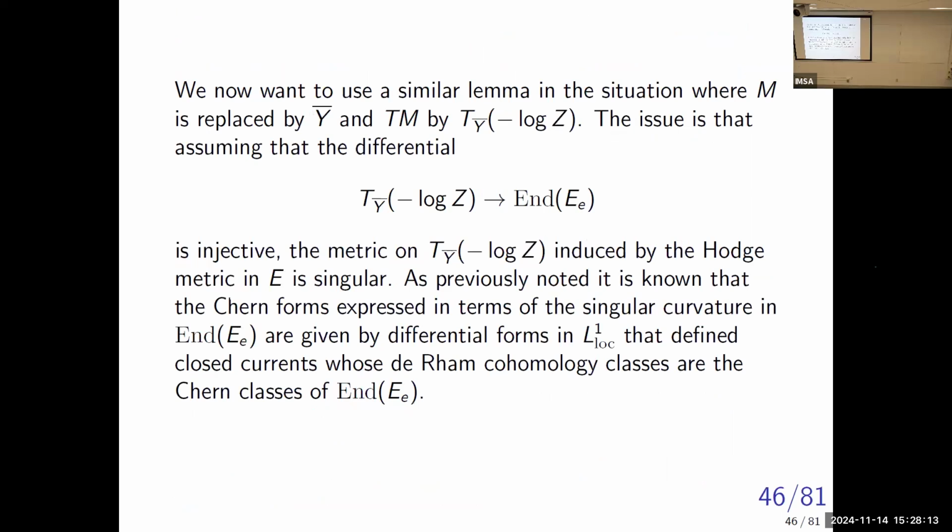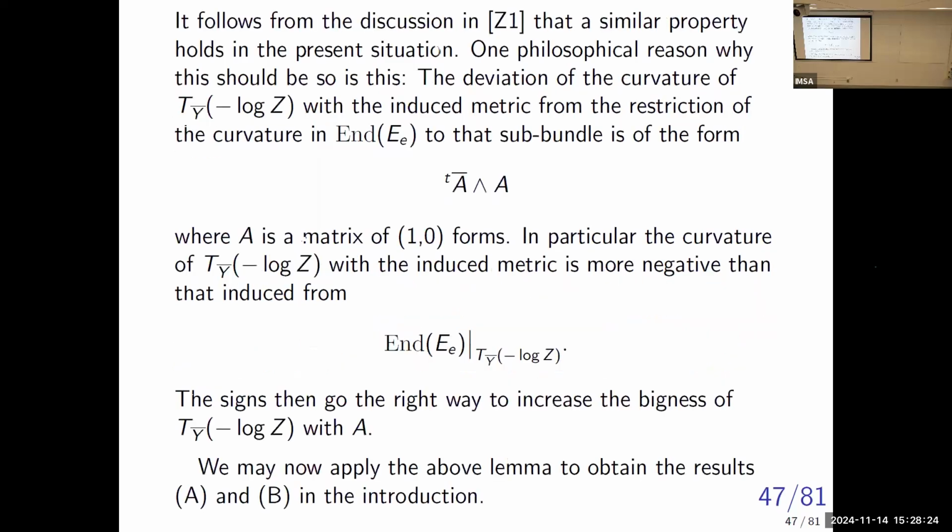That's the Chern form of this canonical line bundle L. So you have a metric on the tangent bundle, and you want to know that the singularities of that metric on the tangent bundle, not a Hodge bundle now, but the log tangent bundle, have similar singularity properties to those for the Hodge bundles themselves. That's not known.